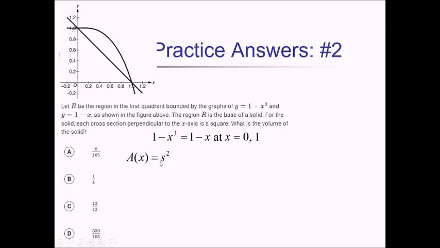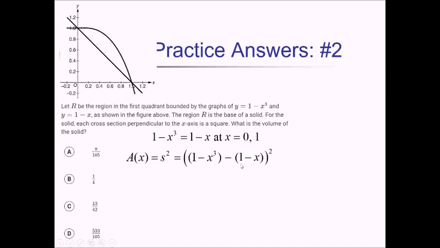The squares are perpendicular to the x-axis, so these are the up-down sides of the square. That means the square side is just going to be the distance between these two functions, which is to say 1 minus x cubed minus 1 minus x, and we're going to have to square all of that. So this is what I have to integrate over the interval from 0 to 1.